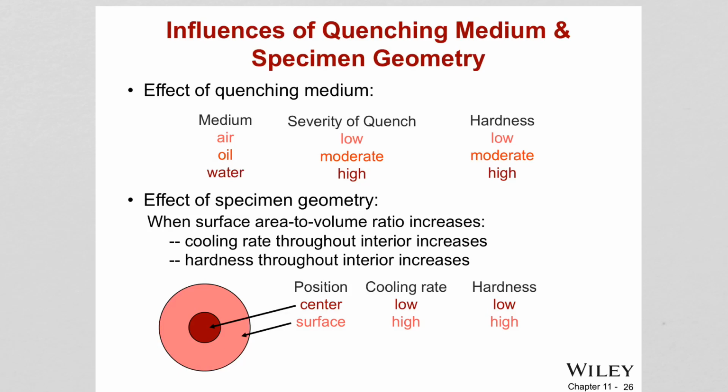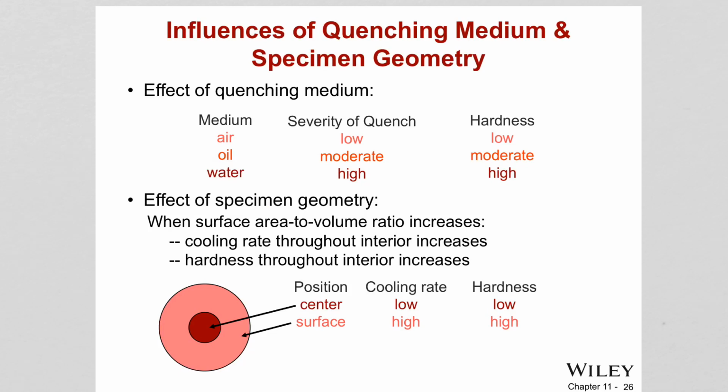Here we are comparing three; actually there are more. You can cool in the air, you can quench it in the oil, or you can quench it in the water. The severity of the quenching is the highest when it comes to water. Therefore, the highest hardness values are achieved with water, and air is the lowest in both situations.